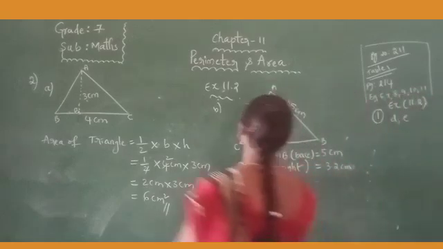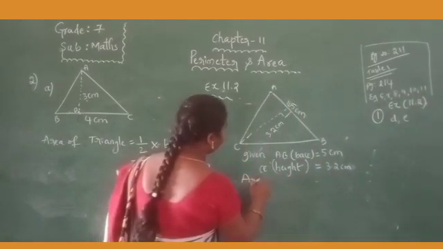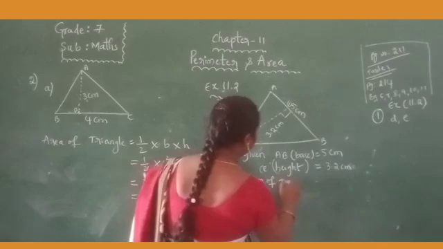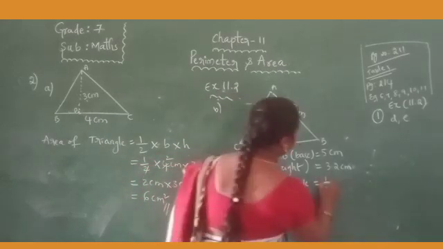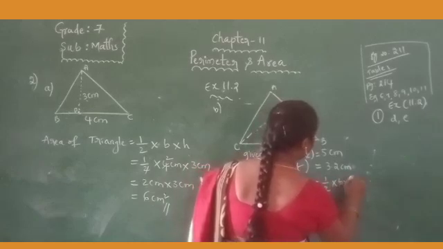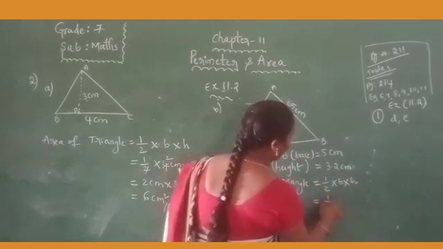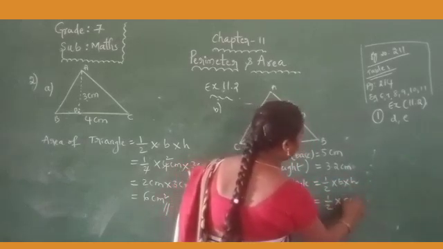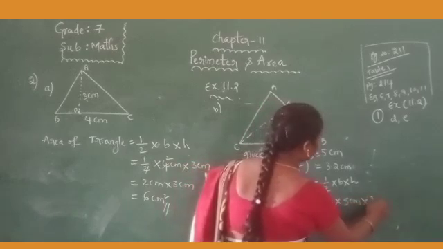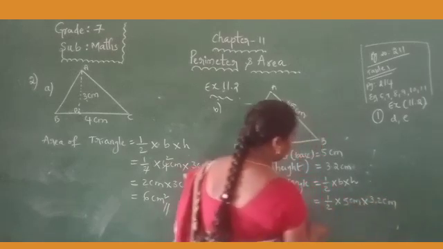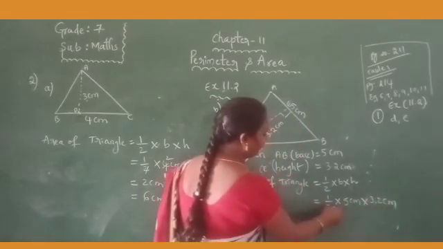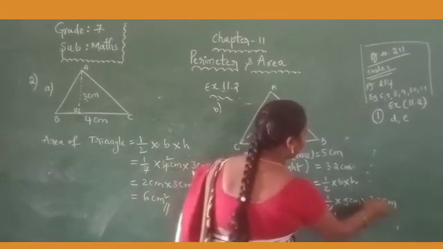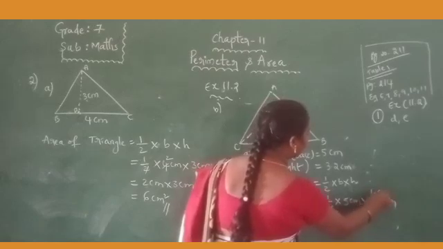We know that area of triangle is equal to half into base into height. Then half into base 5 centimeters, height 3.2 centimeters. Is there any possibility to cancel? Yes, here from 2 ones, 1.6.